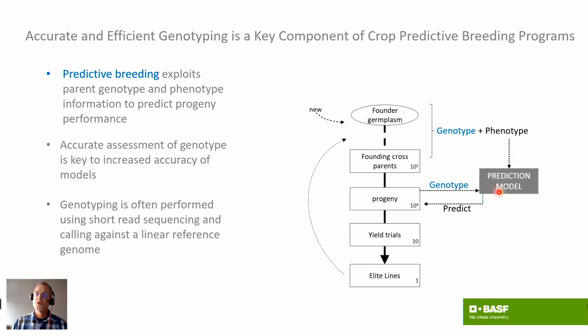The key to genomic selection or predictive breeding is the accuracy of your model, and that's based on your genotypes and your phenotypes.